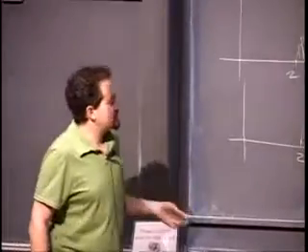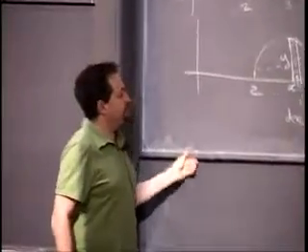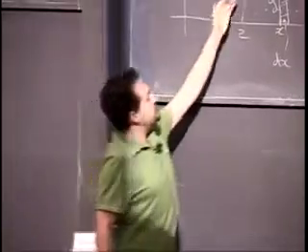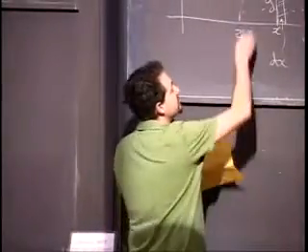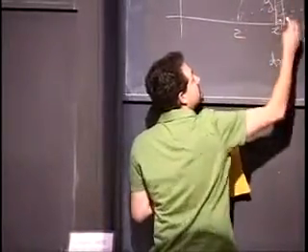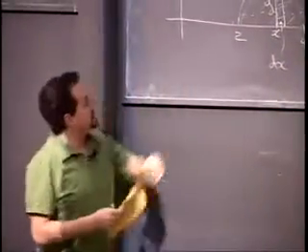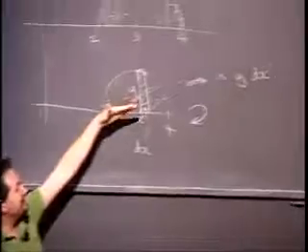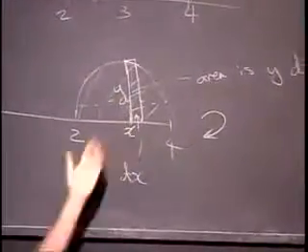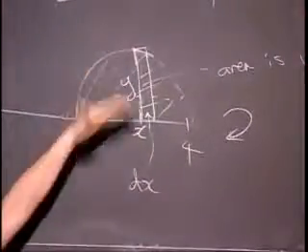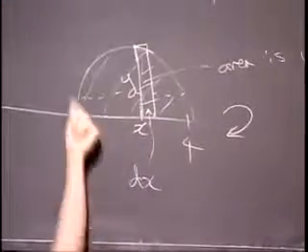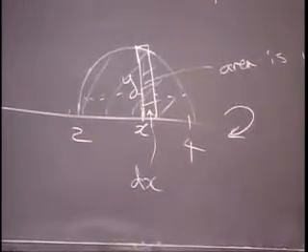We're going to use the same approach to find some volumes. So I want you to imagine what happens if you take this region here underneath this curve and revolve it around the x-axis. So it's going to come out of the board and then into the board, and then it hits the board again and goes through the board and around the other side.